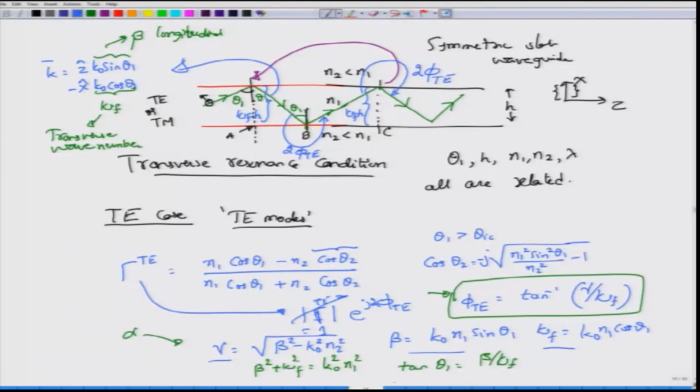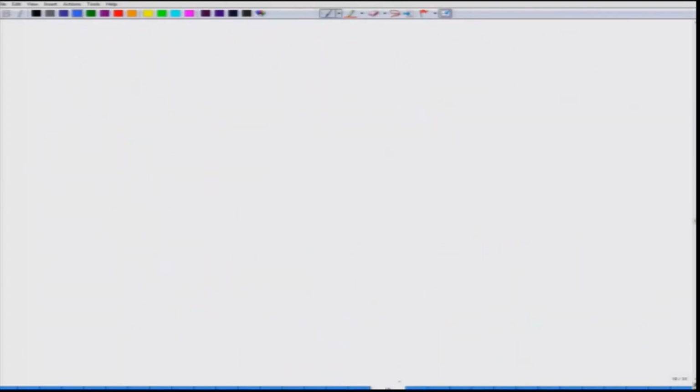It turns out that if you add up all the phase shifts, kappa f h and 2 phi TE are of opposite signs in the expressions. So, the transverse resonance condition will be 2 kappa f h minus 4 phi TE, the total phase shift, equal to 2 nu pi, nu being an integer.